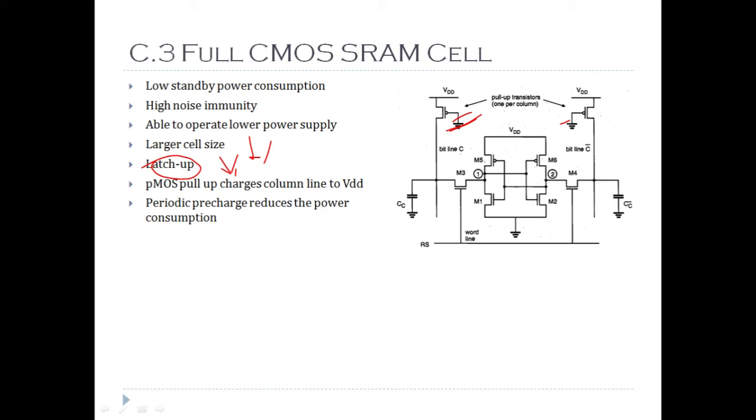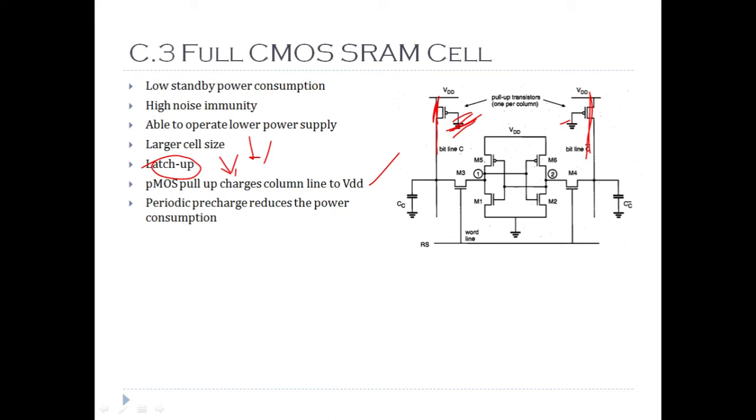And because PMOS passes VDD better than passing 0 or than NMOS, it can pull up this charge line to VDD, unlike resistive load inverter which was pulling it to 3.5 volt, but in this case it will be 5 volt. So your charge VC and VC bar will be 5 volt. That's another advantage or the upper side of this circuit.